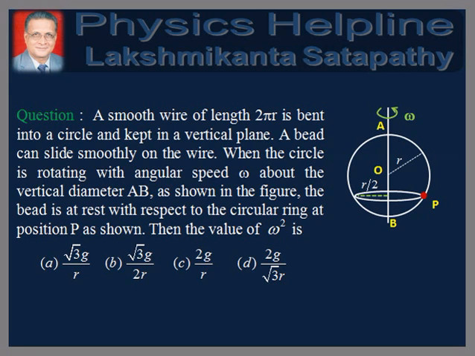The bead is at rest with respect to the circular ring at position P as shown. Then the value of omega square is: the options are root 3g by r, root 3g by 2r, 2g by r and 2g by root 3r.